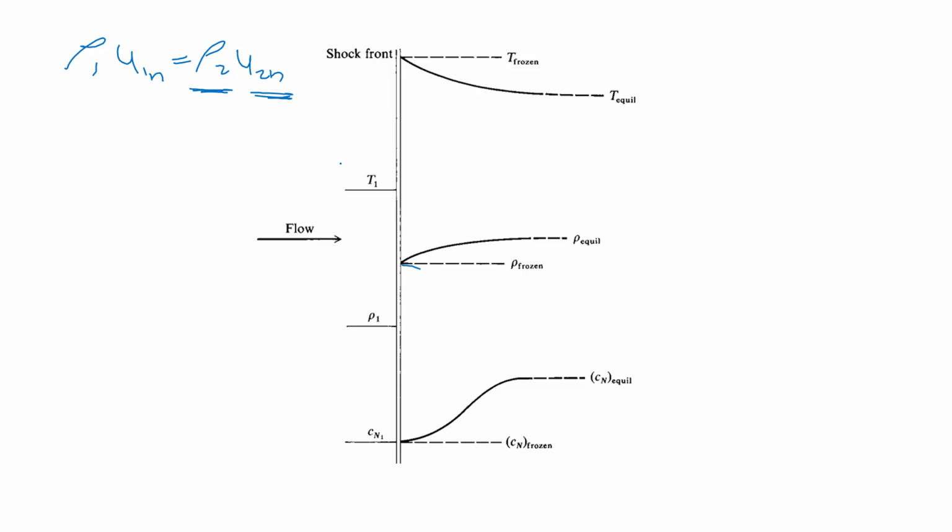Now this plot we have already seen before in the discussion session. Generally behind the shock there is a very thin region where the flow is frozen, then a small region where the flow is in non-equilibrium, then the region which is in equilibrium.